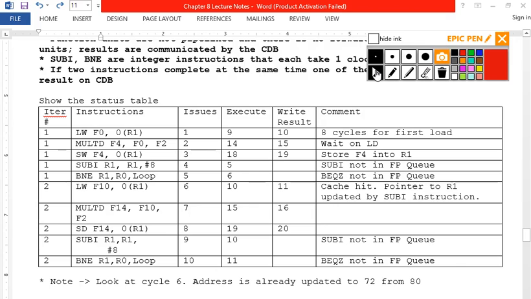So think about your data path when it's executing the address of store word. You're getting a value from the register, you're putting it to the arithmetic logic unit, you're adding the offset to calculate the address. When you put it in the reservation station, you're getting the initial copy of R1, right? So it's being issued at 3. If this subtraction was occurring before 3 for some reason, then this would affect what this value would be, and then it would affect cache consistency.